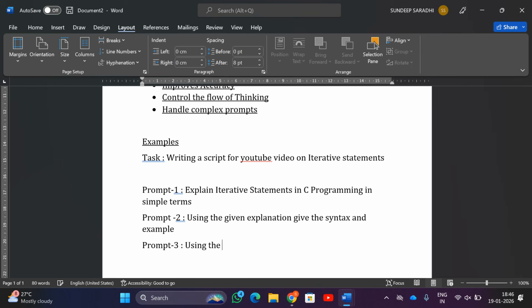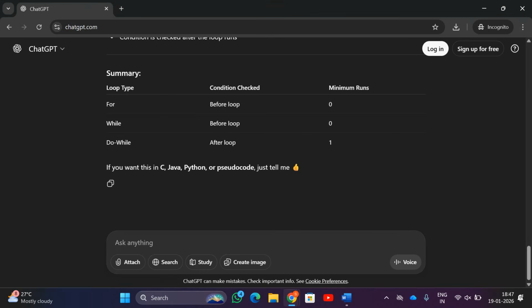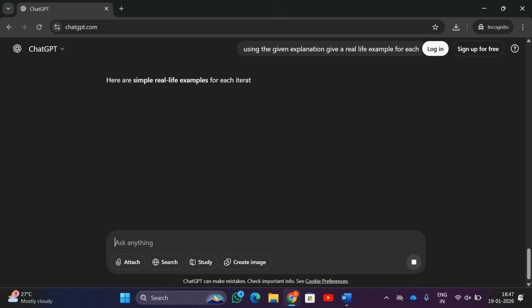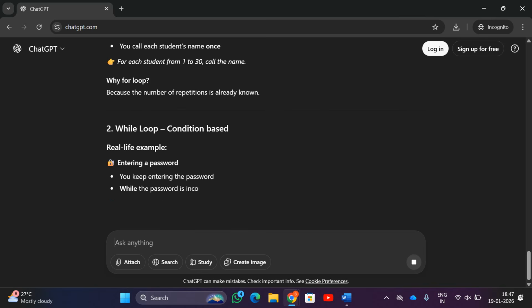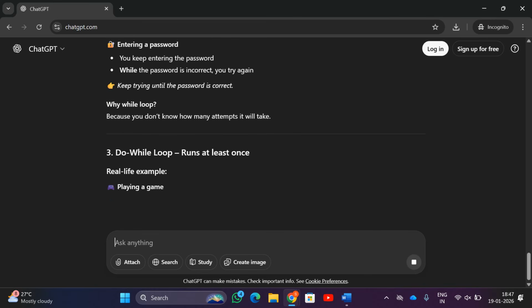So here also we need to start the same way: using the given explanation, give a real life or real world example for each. So this is the third prompt we are giving. See, here are simple real life examples. For everything we get a real life example.